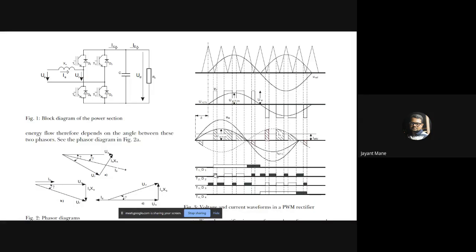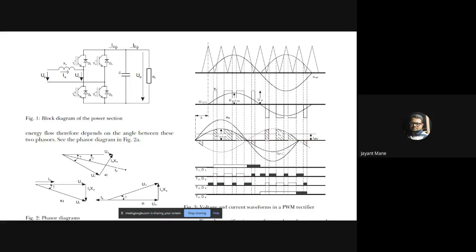So when T1 and T2 are on, what do we expect? We expect voltage in the output. T1 and T2 are on, they are opposite, so the phase is given to the load. Then from the load, the current comes back through T2.